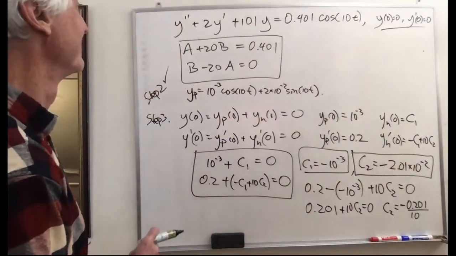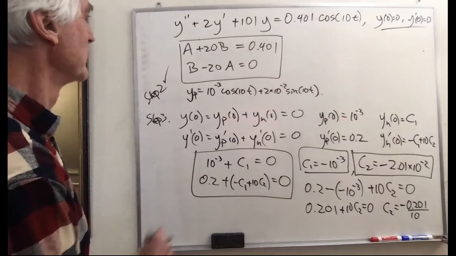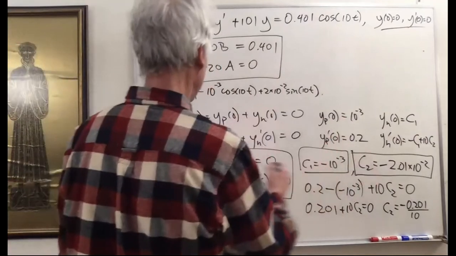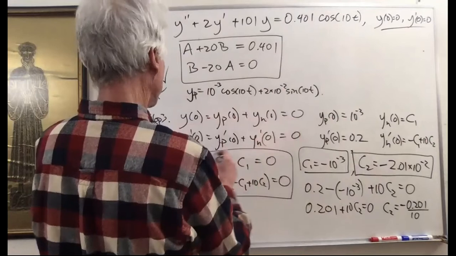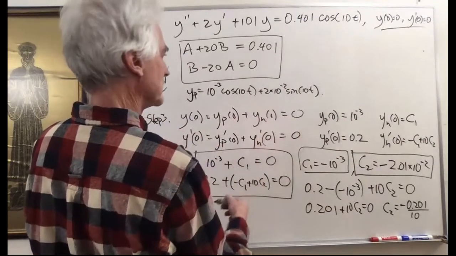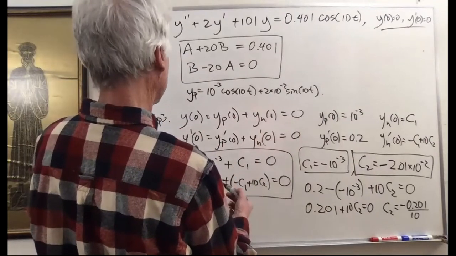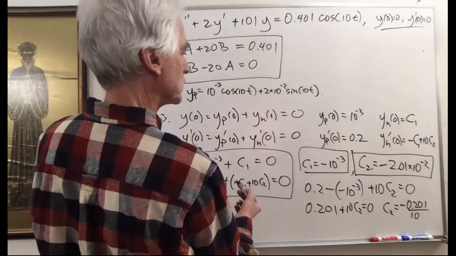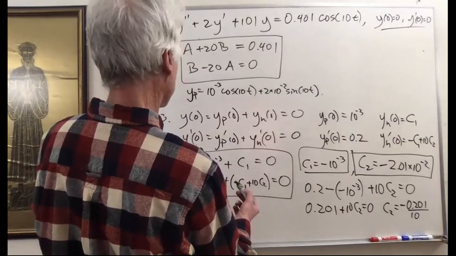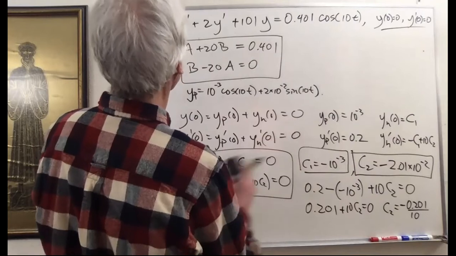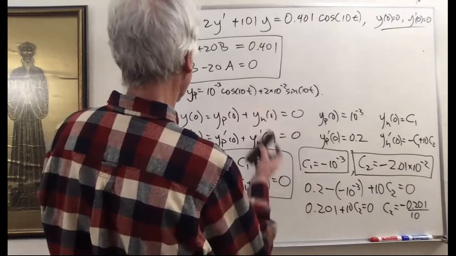Okay. So we got C1 and C2. Is it still written anywhere in our yh form? I don't see yh anywhere, but we remember what it is.